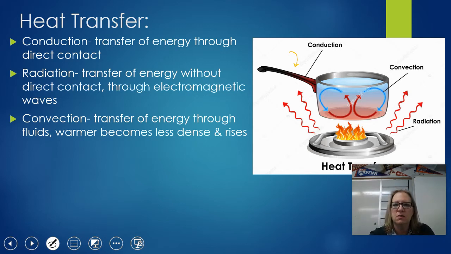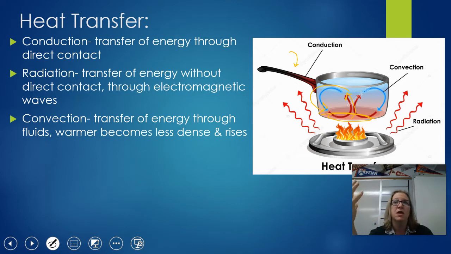With this pot of water, the water on the bottom is going to heat up first, so it's going to rise because it's becoming less dense. That pushes the cooler water down. It sinks because it's more dense, but then that allows it to heat up. And so it actually causes the water to move a little bit. This is why the tectonic plates of the Earth move, because of giant convection currents in the mantle of the Earth.